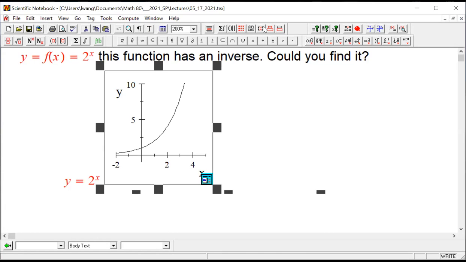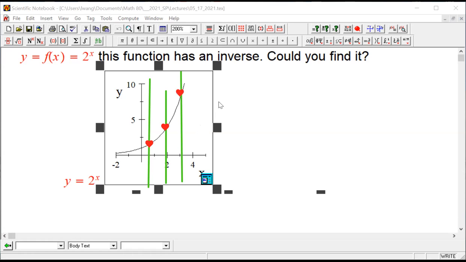Yes, it does, right? We can do the vertical line test. You just draw a vertical line arbitrarily, it should cross the curve only once. It crossed it only once. That shows it's a function.